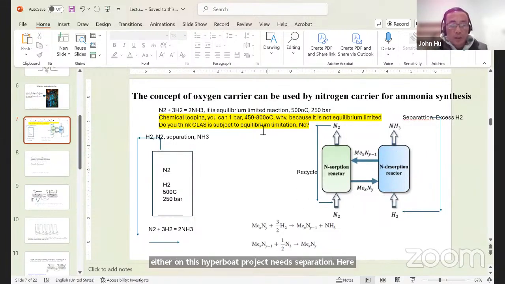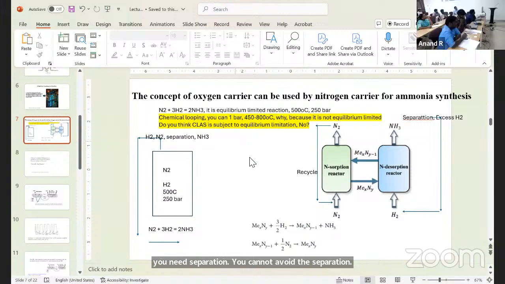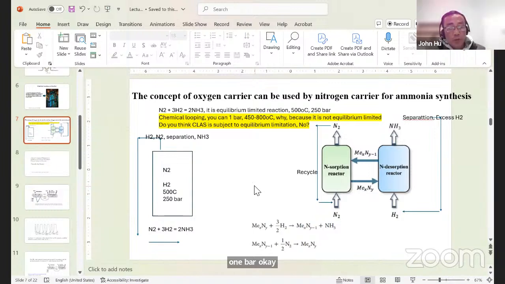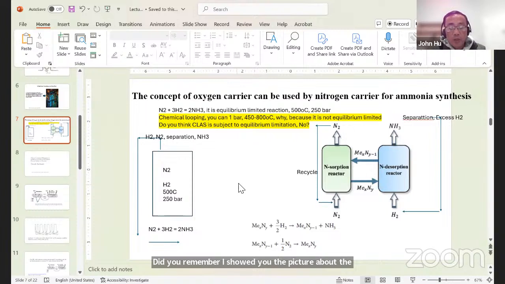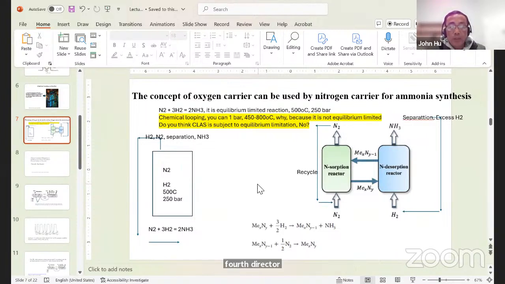What you gain is a low pressure operation, 1 bar. Do you remember I showed you the picture of the first reactor in 1909 built by the German company BASF? Remember the big reactor, the wall, 250 bar.